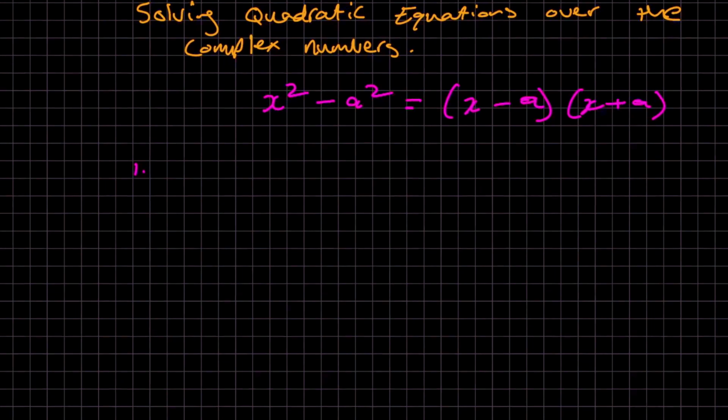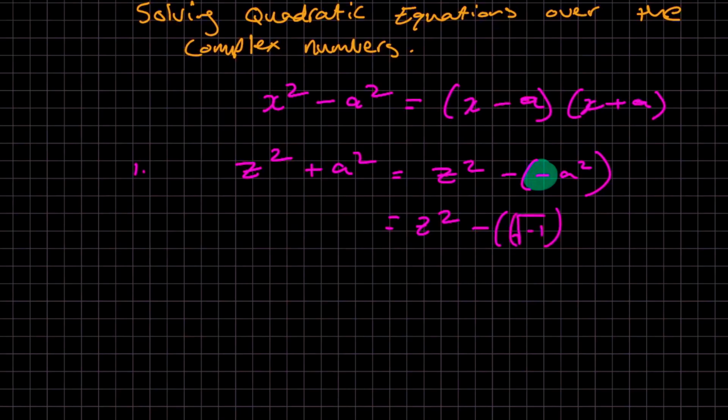So, for example, if we have an equation written as z squared plus a squared, this can be rewritten as z squared minus negative a squared. We also know that this negative can be written as the square root of negative 1 squared times a squared. So this is essentially rewritten as z squared minus i squared times a squared.